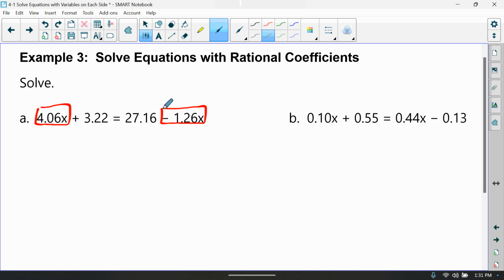What would I do? Stay positive, yep. And what do you think I would do? That would be negative. So I would add 1.26 to both sides. But, again, that's just a personal preference. And if you wanted to subtract 4.06x, you could. Does everybody understand that? Okay, so I'm going to add 1.26x on both sides.